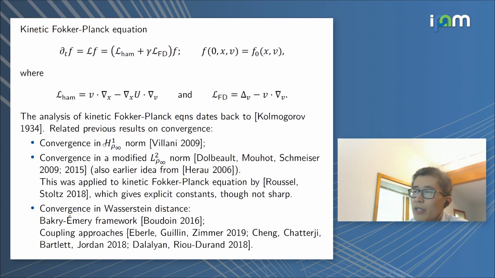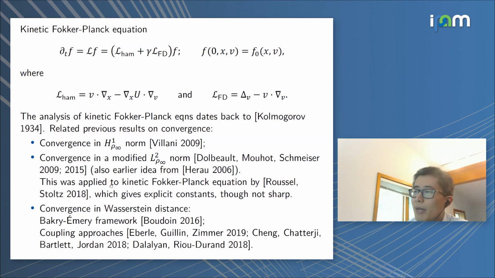In the effort to make the rate more explicit, there is the very well-known paper by Dolbeault, Mouhot and Schmeiser in 2009, and a later paper, where they established a modified L2 norm and got convergence in that norm with a more explicit constant dependence.